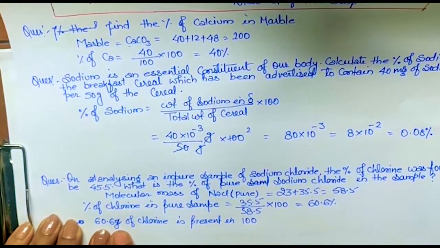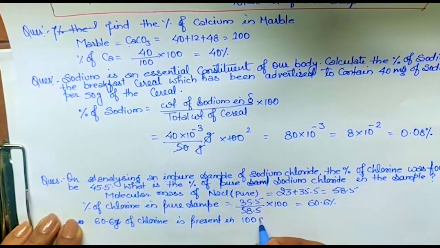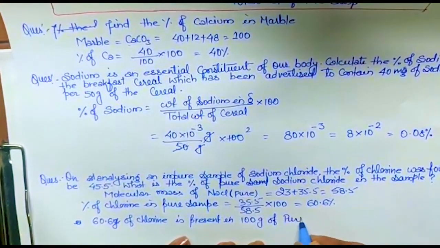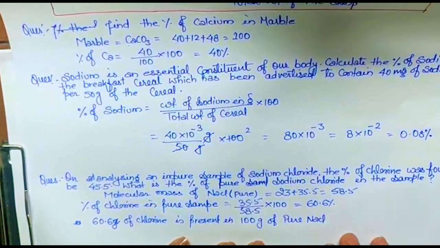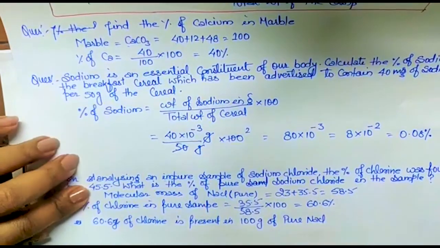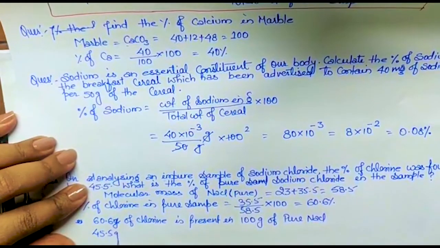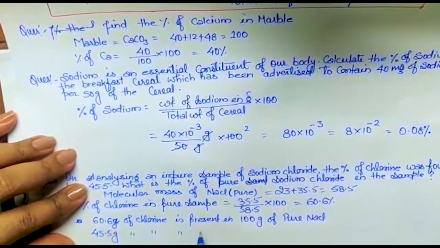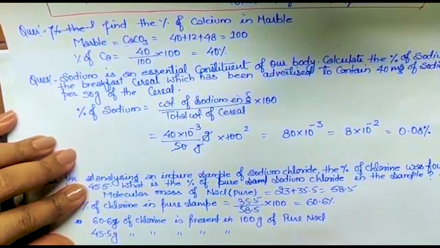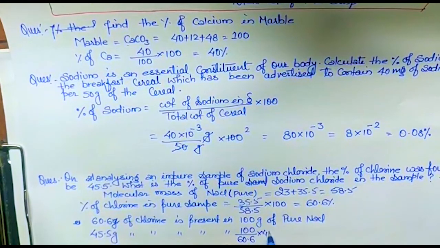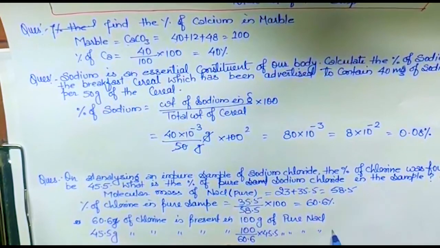So 60.6 gram of chlorine is present in 100 gram of pure sample, pure NaCl, isn't it? So how much chlorine do we have? 45.5. If I am taking 45.5 gram of chlorine, what should the pure sample be? It will be 100 upon 60.6 into 45.5 gram of pure NaCl, isn't it?